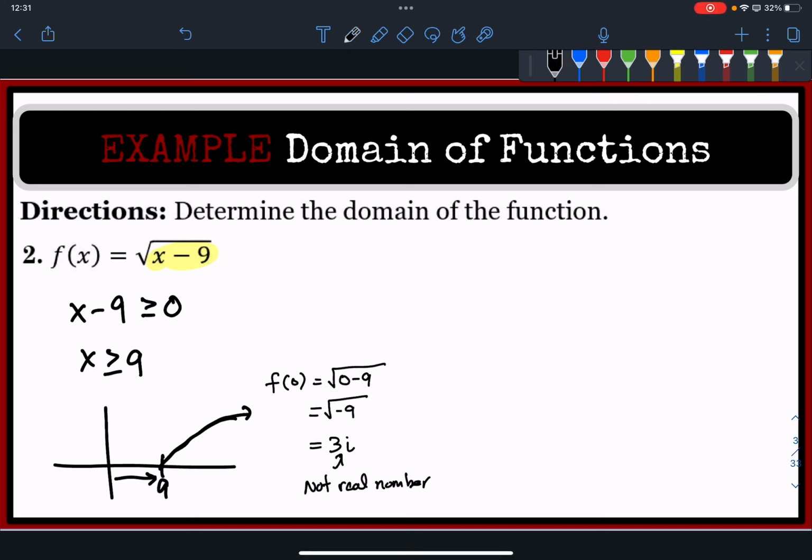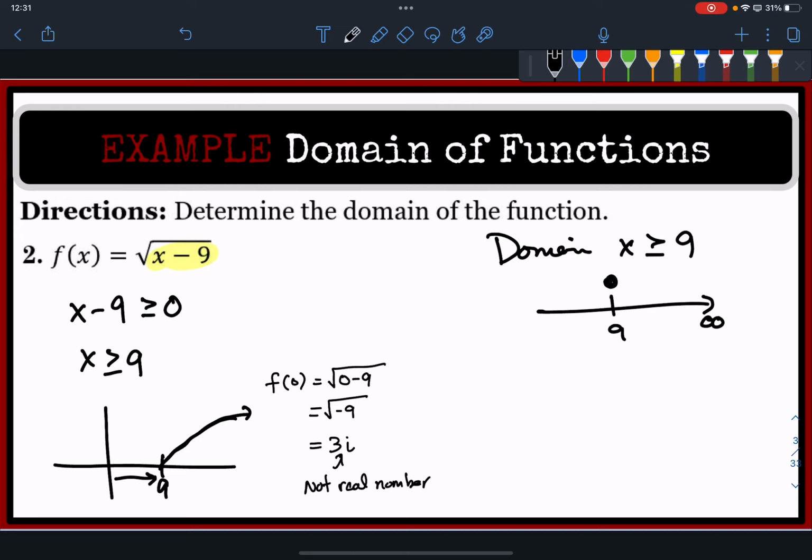So our domain is going to be the values of x greater than or equal to 9, which on the number line is going to be a closed circle on 9 pointing towards positive infinity, which as an interval looks like this. It's a closed, half open interval. So on 9 it's closed, and going towards infinity is open.